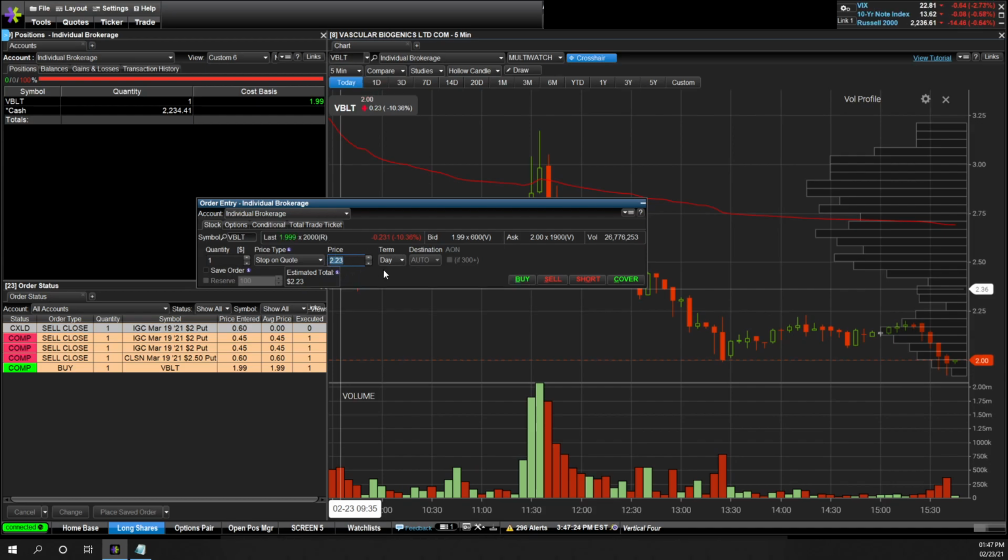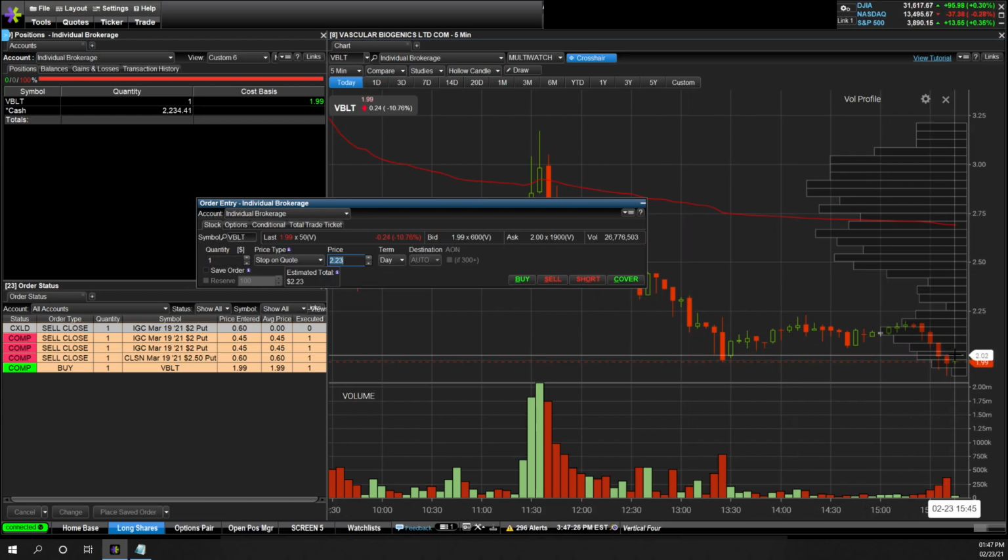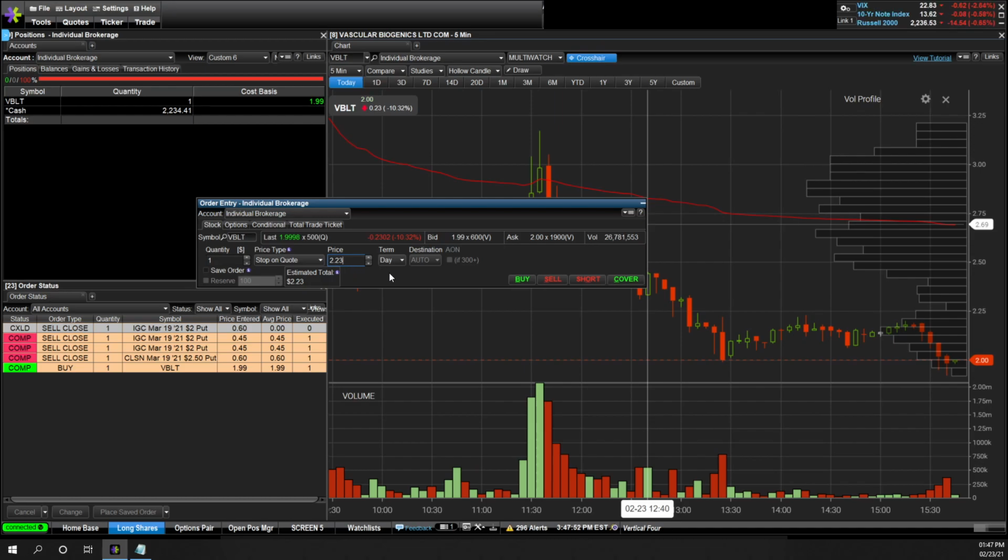So if I were to send this order in, someone would have to buy a share at 223, and then a market order would be triggered to either buy or sell, in this case, one share. So basically, with this order the way it stands, if the stock price printed at 223, I would trigger a market order, and that would either be buy or sell or short or cover, depending on what I selected here.